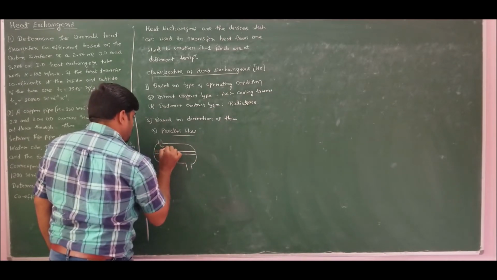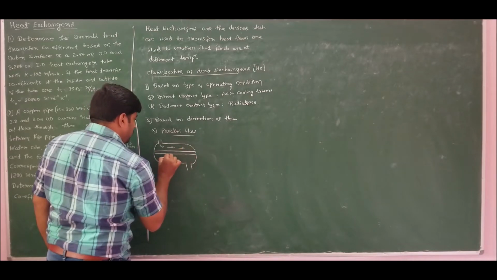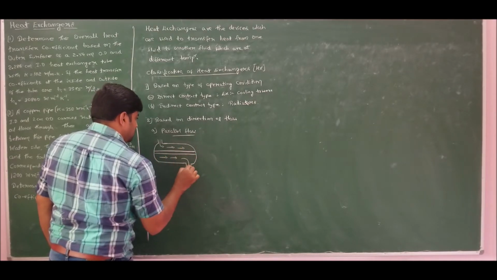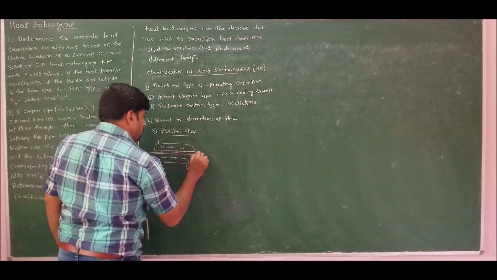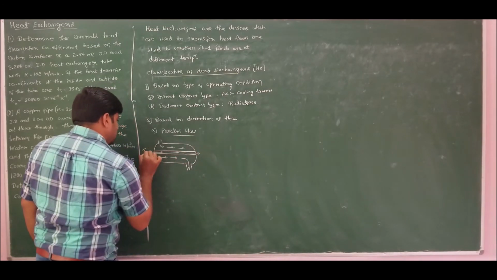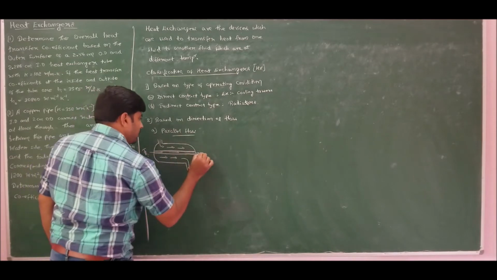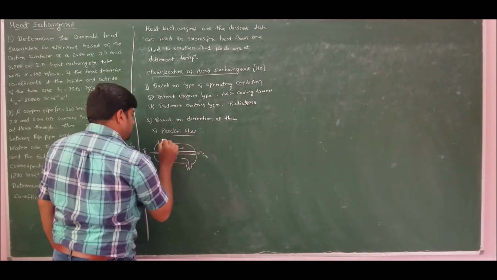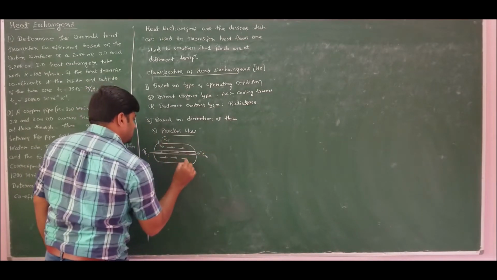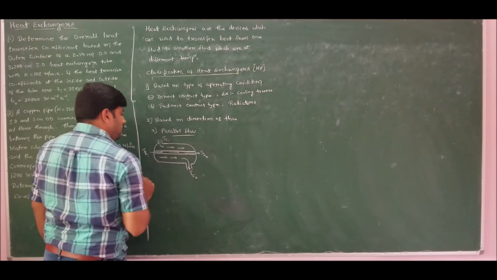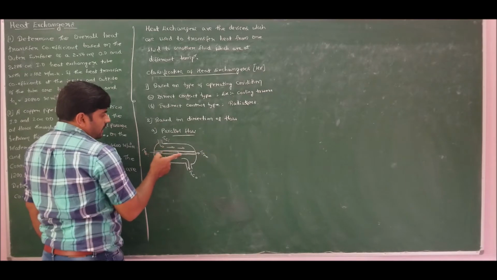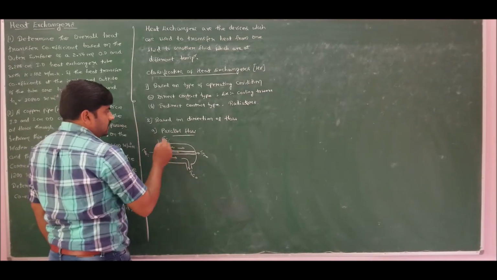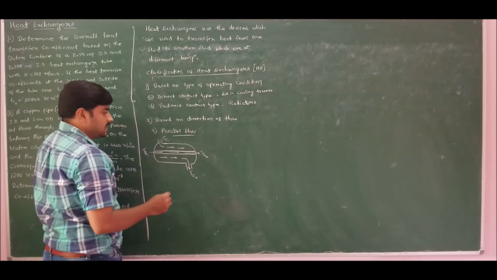Both the hot fluid and cold fluid will flow in the same direction. Let us say in the central tube the hot fluid flows. Let us consider the hot fluid inlet and hot fluid outlet temperature. Here let me consider the cold fluid inlet and cold fluid exit temperature. So the directions of both hot fluid and cold fluid are the same for parallel flow heat exchangers.